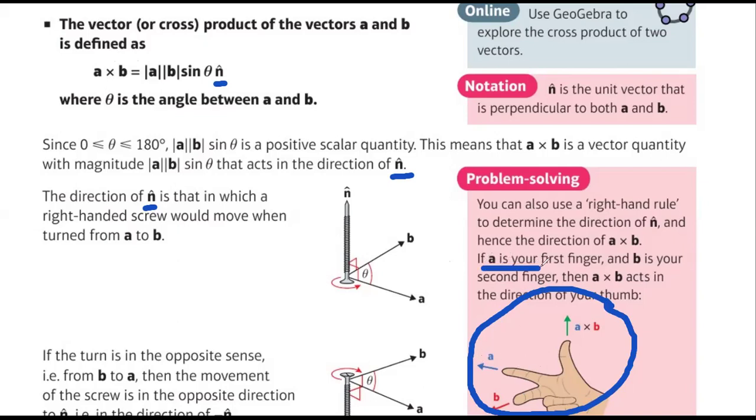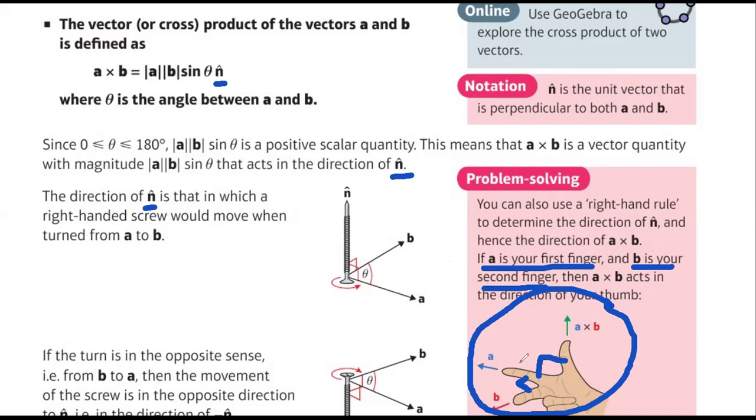Vector A from the first finger, vector B, second finger. We have to make them perpendicular to each other like this.